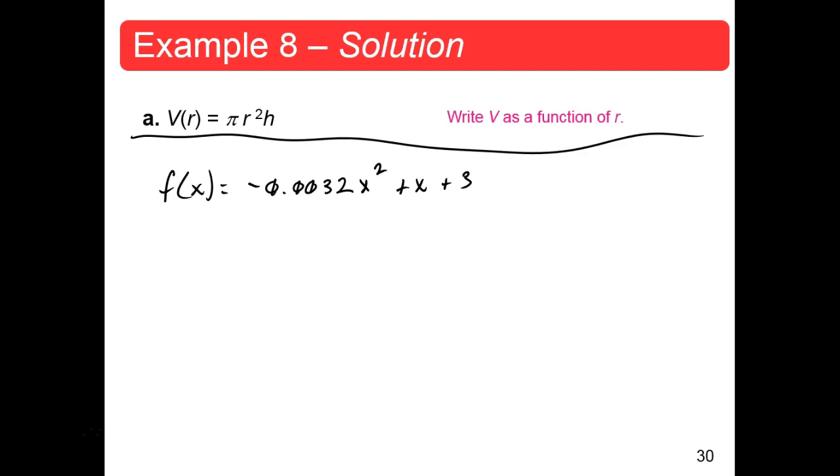I'll give you a few hints. By the way, the x here is the horizontal distance from home plate in feet, where he first struck the ball, and the f of x is the height of the ball. Once he hit it, it's taking off.